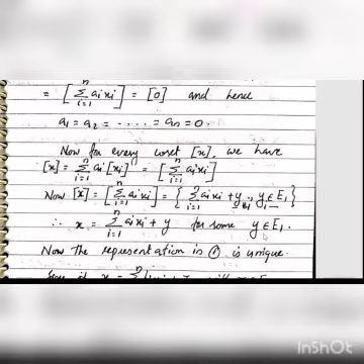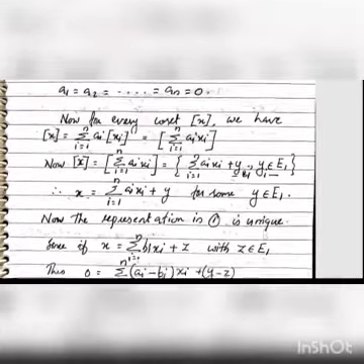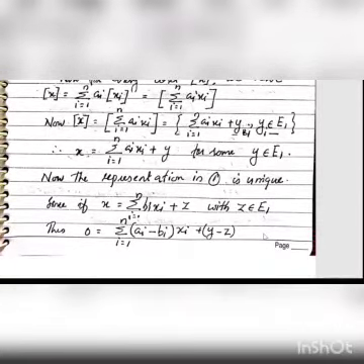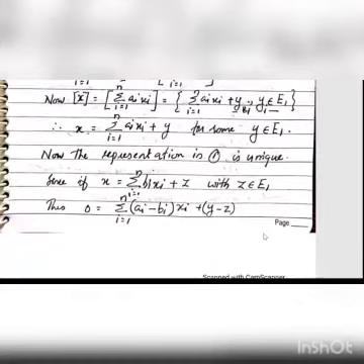Now we want to show that such a representation is unique. We have expressed x in our desired form. Now we will prove that such an expression is unique. Suppose x can be written as sigma i equal to 1 to n bi xi plus some z, for some z belonging to E1. Then we can subtract these two, so you get 0 equal to sigma i equal to 1 to n (ai minus bi) xi plus y minus z.